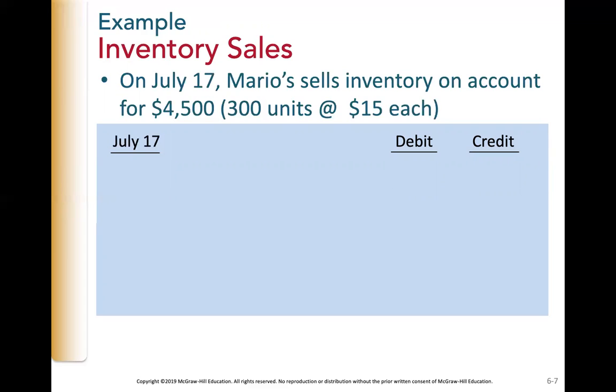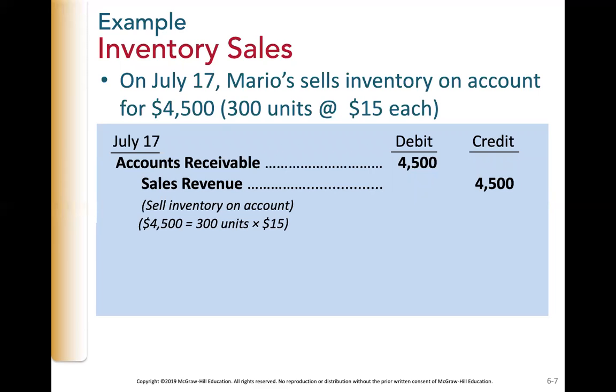Therefore, he did not receive cash. They owe him money. He will receive the money later. So he will record an account receivable for $4,500. He also sold the inventory, so he's able to recognize the revenue of $4,500. That's the first half of recording the inventory sale.